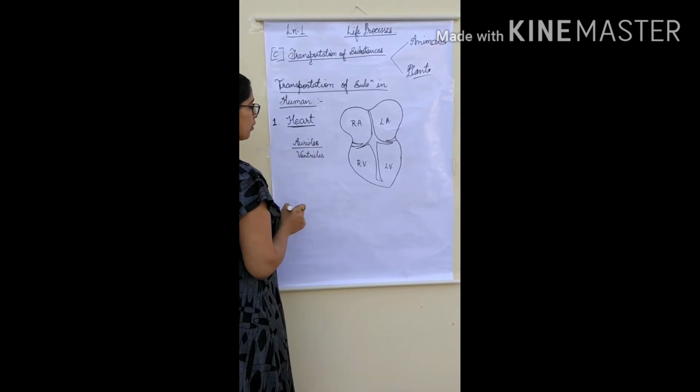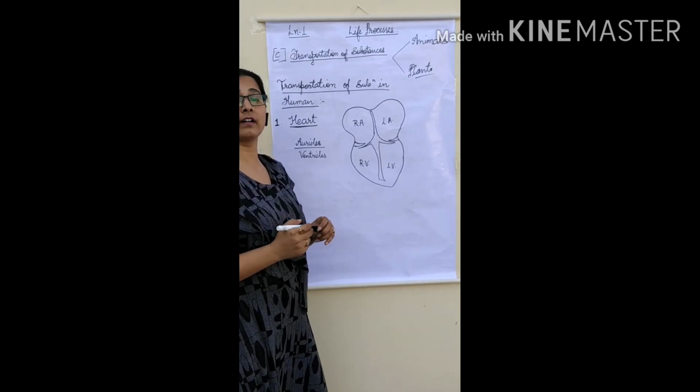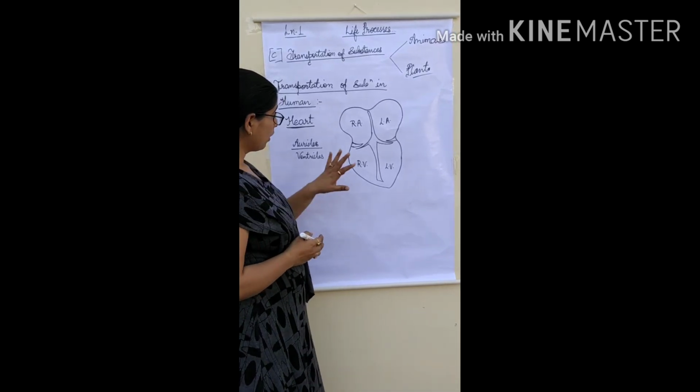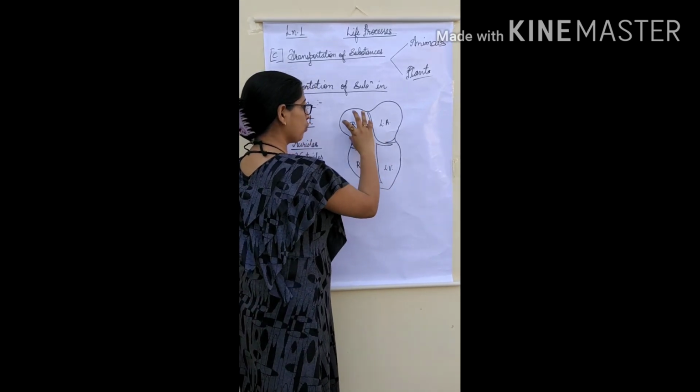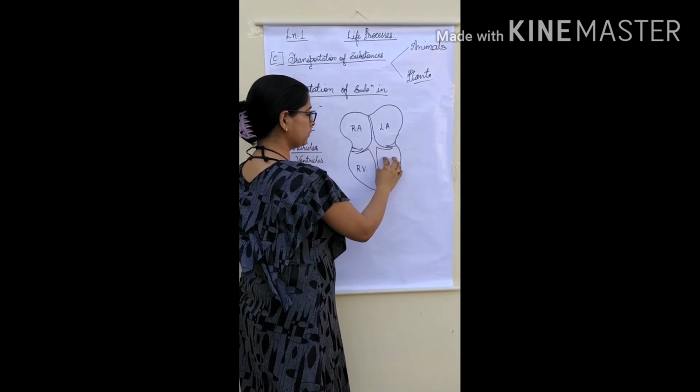When you refer to many books, you will get it as atrium or atria. So auricles and ventricles, right and left, overall first chamber, second, third, fourth.